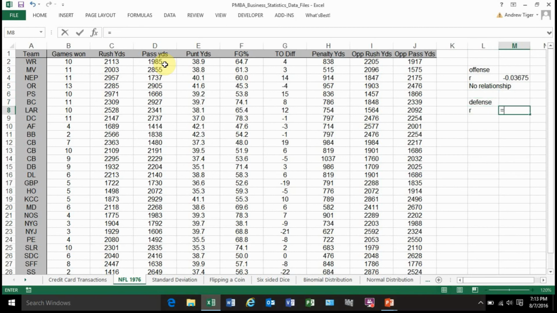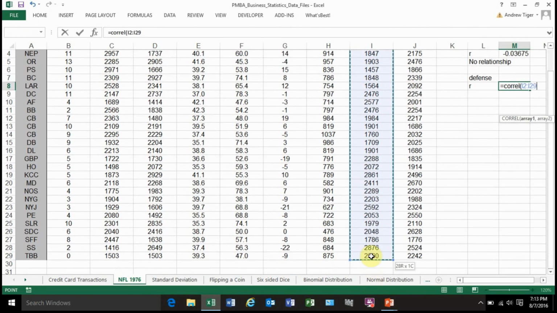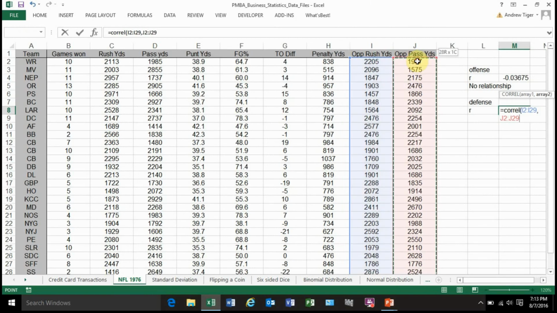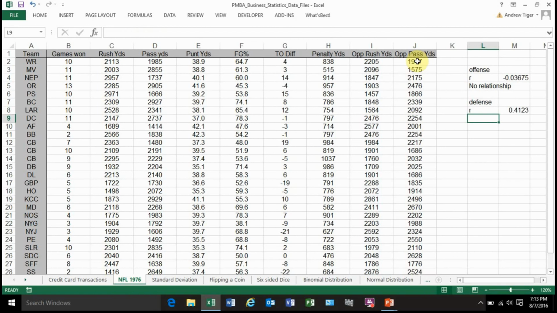Let's calculate our R there, our correlation coefficient. I'm going to grab my defense against the rush and my defense against the pass. Now that's very different. Look at that. This number has started to move away from 0 and closer to 1.